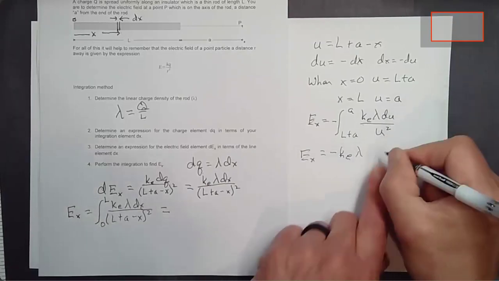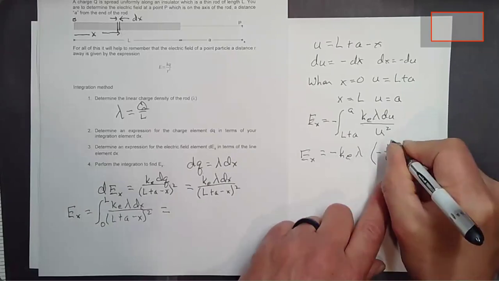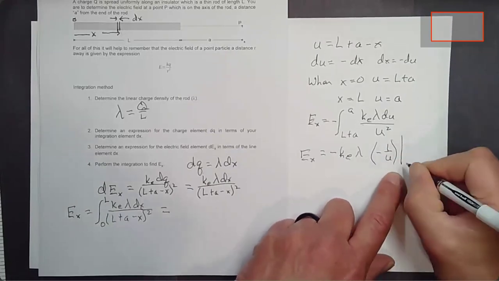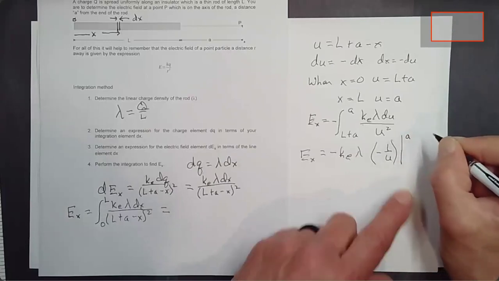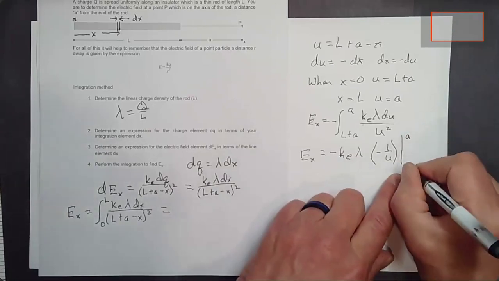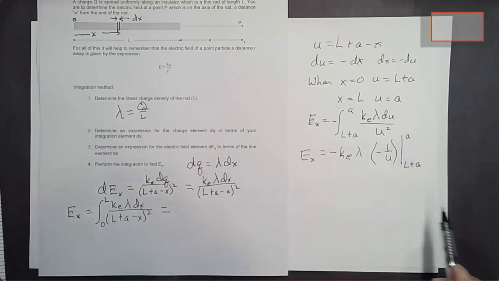And then when I integrate this, I get minus 1 over u. And I evaluate that at, let's see, yeah, this is the order. Something like that.